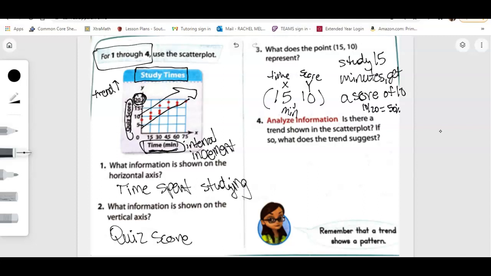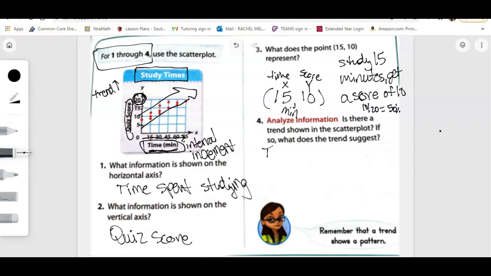Number 4, is there a trend? Well, look at that. We already know that one too because we already figured that out, right? When we were analyzing. So is there a trend? Yes, it is. It's increasing. If so, what does the trend suggest? Again, talk about X first. So remember, going from 0 to 75 is how much time you're spending studying, right?